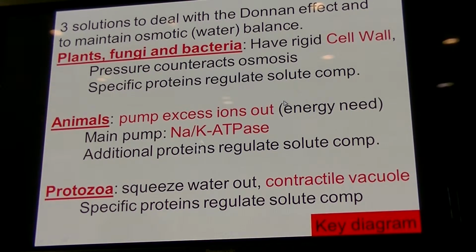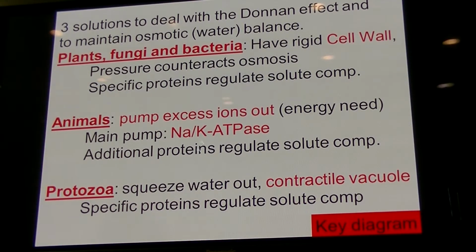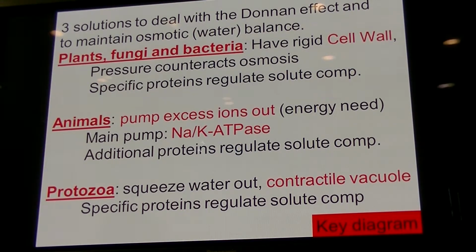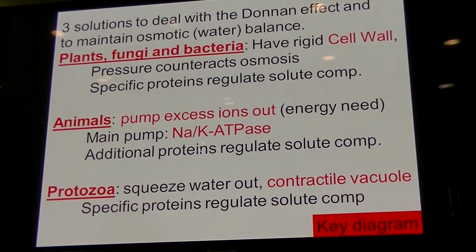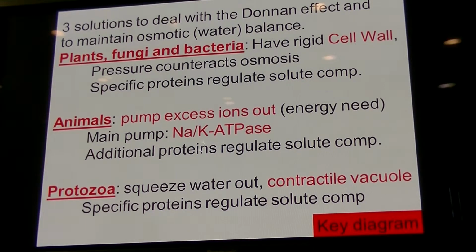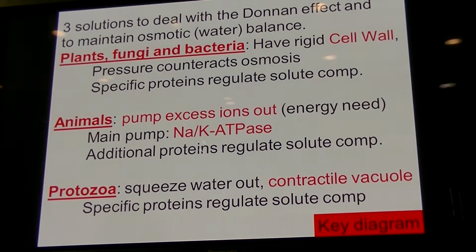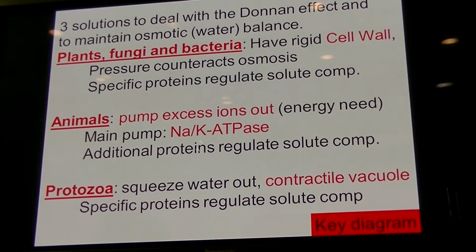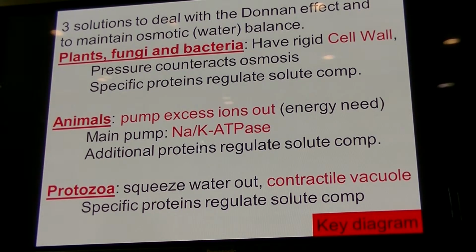The sodium-potassium pump ensures that the excess ions that would get into our cells because of the Donnan effect are pumped out. But you're telling me not only sodium is pumped out. So what happens with the rest? Well, the sodium ion gradient is the driving gradient for the export of other ions in secondary active transport processes.